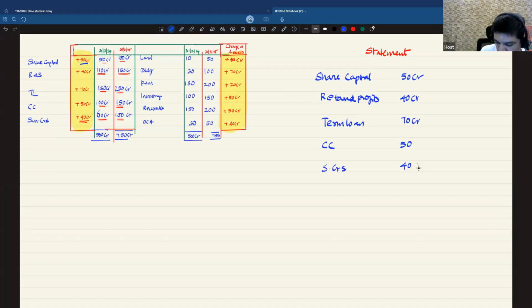It is 40 crore. Right? So what is the total money that has flowed in during the year? It is 250 crore. It has come from share capital, retained profits, term loan, cash credit, and sundry creditors.